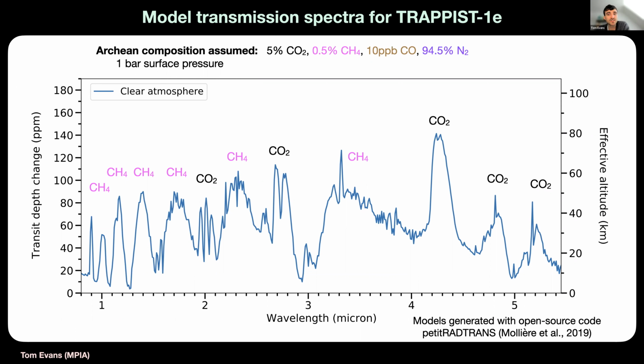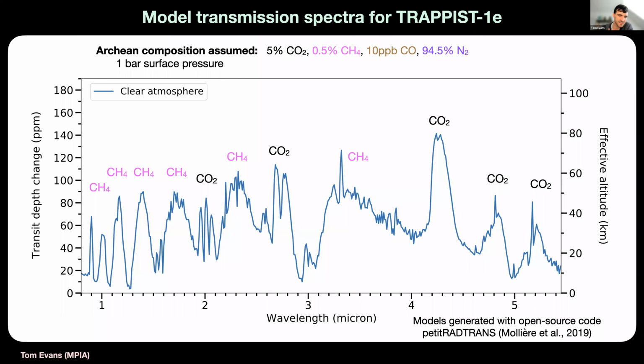In addition to this baseline clear atmosphere model, I considered 8 different cloudy/hazy cases where the cloud/haze, I'll just use the term cloud from now on, was simply treated as a wavelength-uniform opacity source across a range of pressure levels between 600 millibar and 1 millibar.